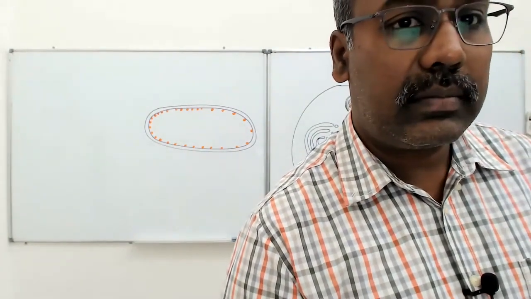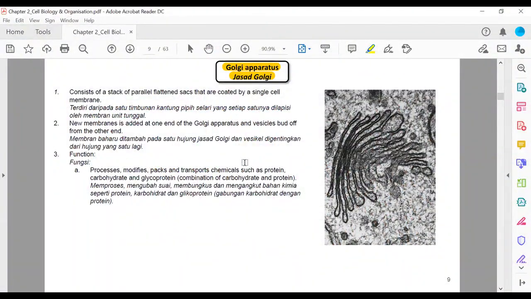Balik ke nota. Okay. You can see the micrograph here. Bentuk macam C, then you can see these roundings at the end of the Golgi apparatus. So you know this is Golgi by looking at the roundings, okay?